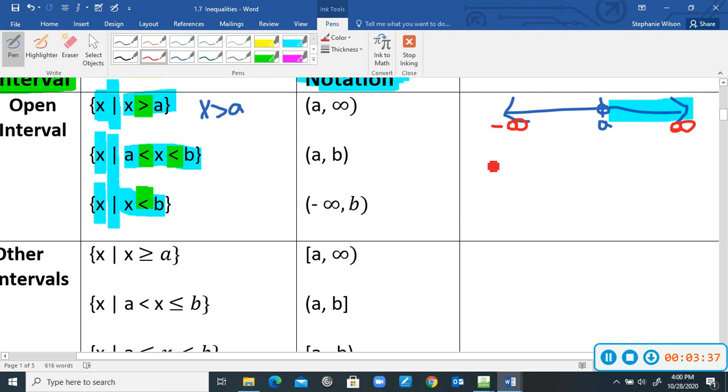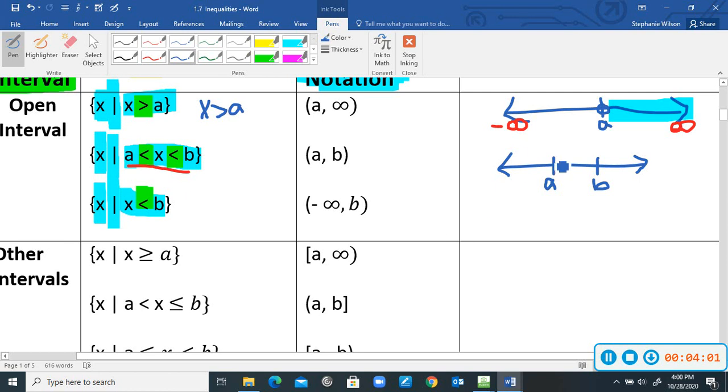So let's do the next one. It says that we have a is less than x and x is less than b. So let's draw that out right quick. We have a and b on here. So I'm going to put a probably about right here and b about right here. And there is no equal to sign on a or b.